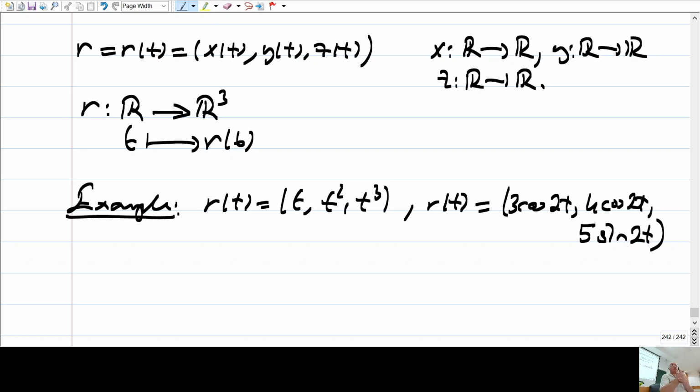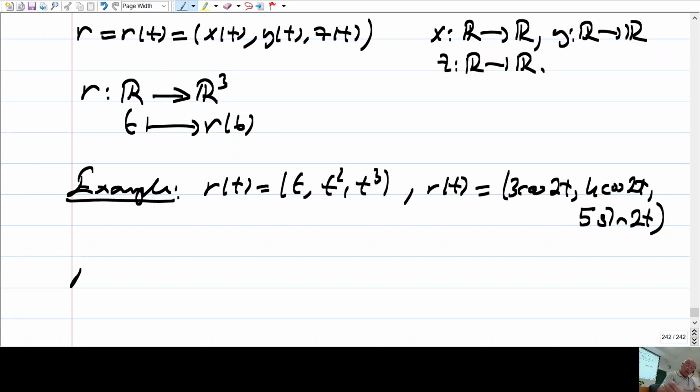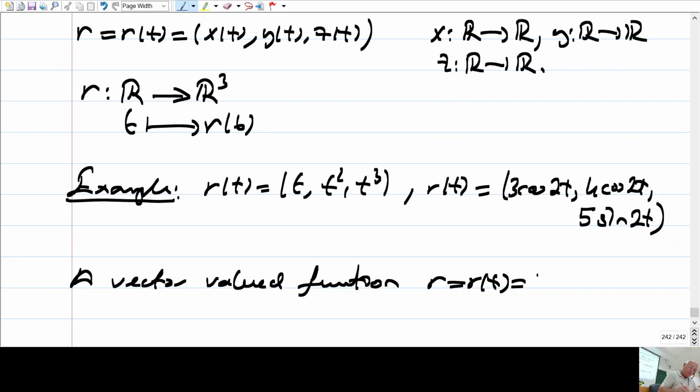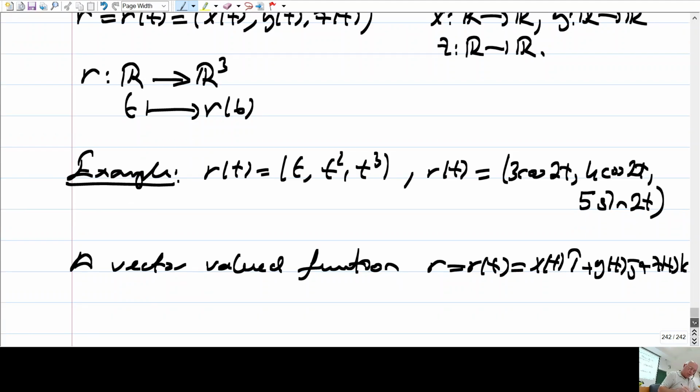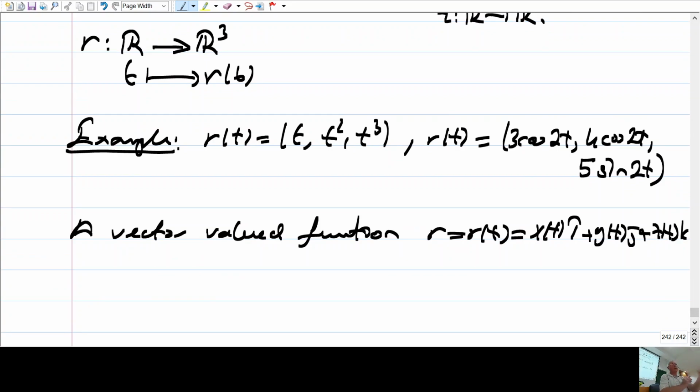We may talk about continuity and differentiability of vector valued functions. A vector valued function r(t) has coordinates. We can also write it this way: x times i, y times j, and z times k. Okay, i, j, k being the unit vectors along x, y, and z directions.